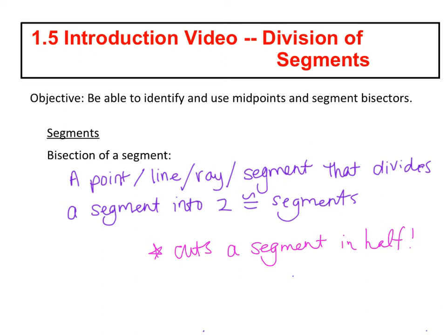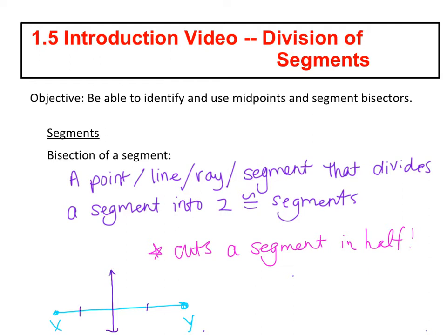So let's say this is what it could look like. Let's say we've got segment XY, and if we bisect it, let's say I bisect it with a line, and these two are congruent, there's my congruency marks.